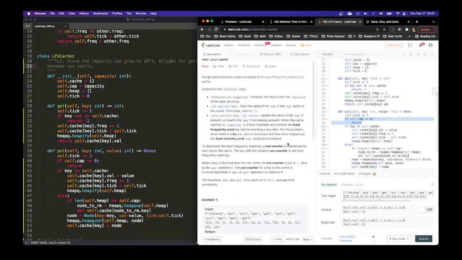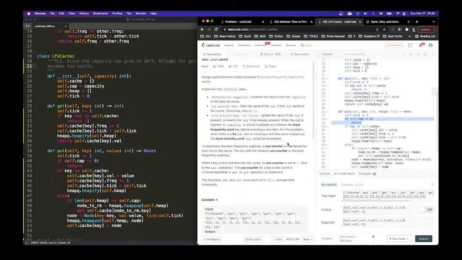After the pop, we check the length. If the length becomes 0, then we pop that frequency. So frequency 1 doesn't exist anymore, but then I add a new one.